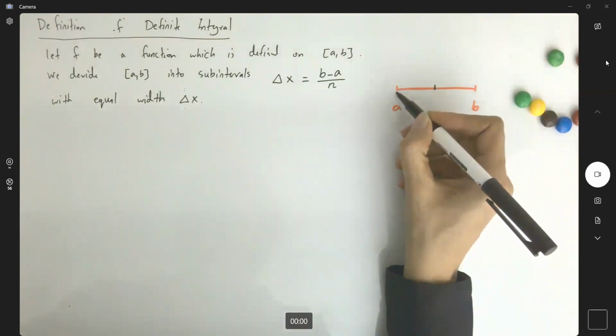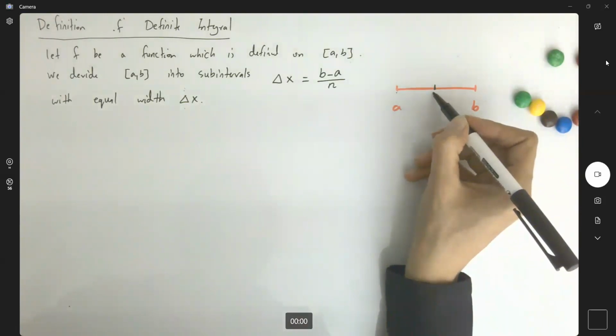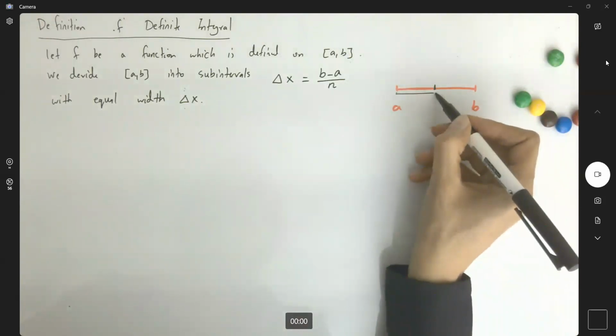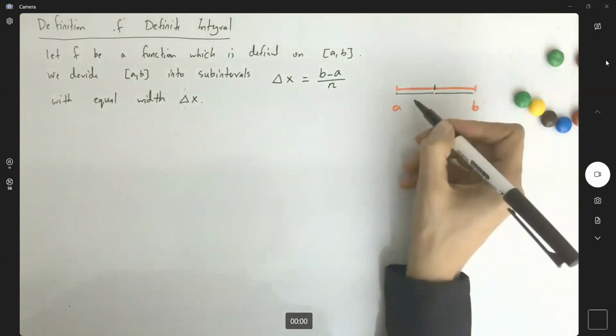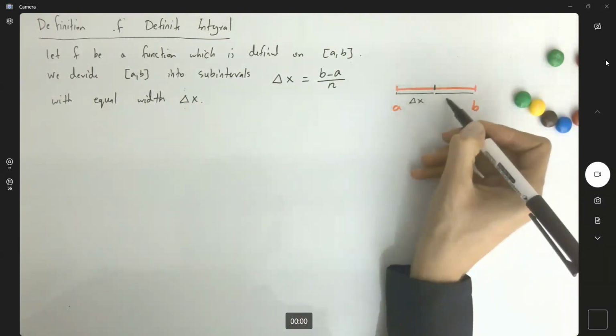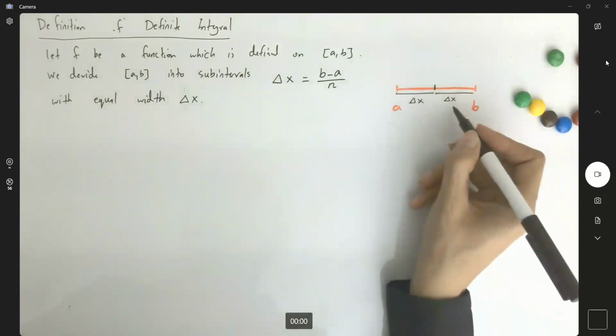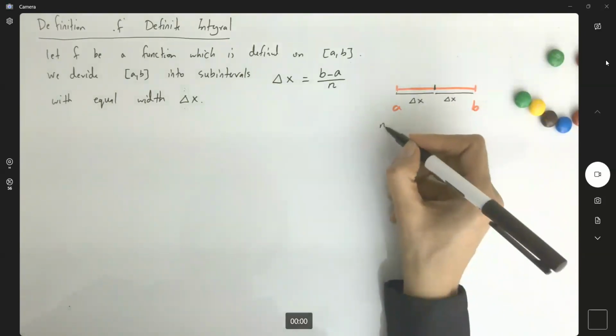This is going to be my starting point. This is going to be my ending point for the first subinterval. And the second subinterval starts at this point and stops at this point. These two have the exact same width. In this case, since I have two subintervals, my n is going to be 2.